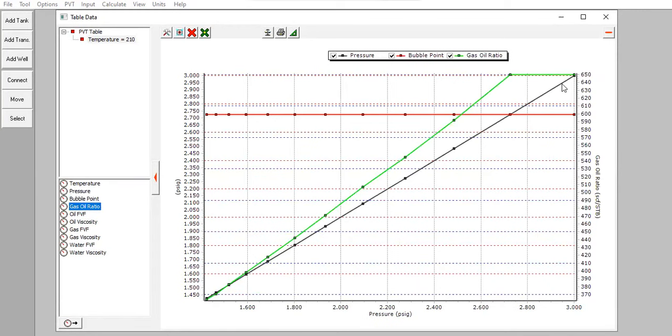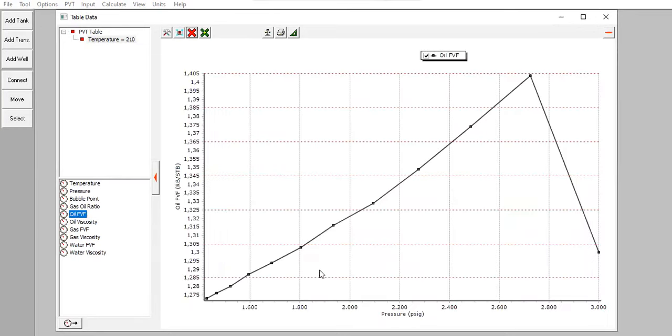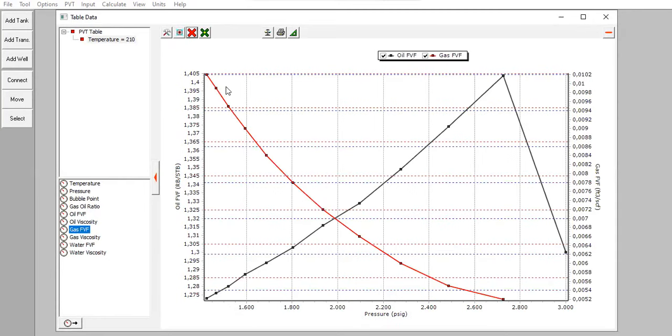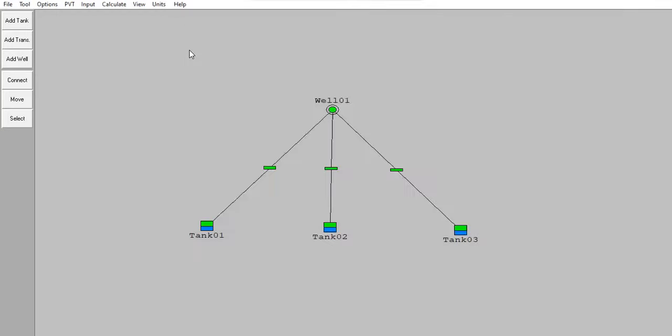Gas oil ratio, remove all first. Oil formation volume factor: at bubble point pressure, the value will be highest and then it will decline. Gas formation volume factor. So far so good. We can close. Click done.